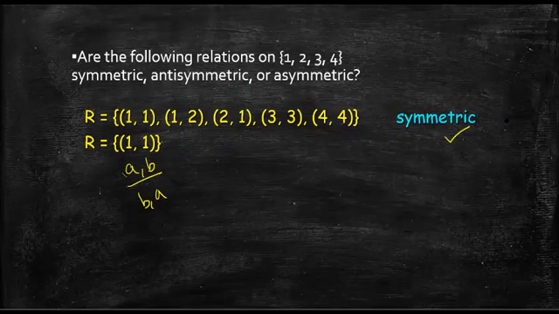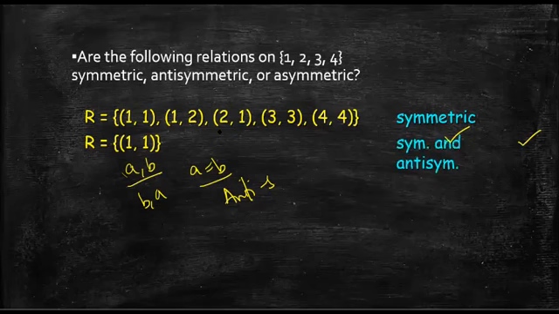What about antisymmetric? For antisymmetric, we have to check A is equal to B. Does it satisfy? Yes, 1 is equal to 1, so it is also antisymmetric. What about asymmetric? No, if it is symmetric, it cannot be asymmetric at the same time. So let's see the solution. It is symmetric and antisymmetric.